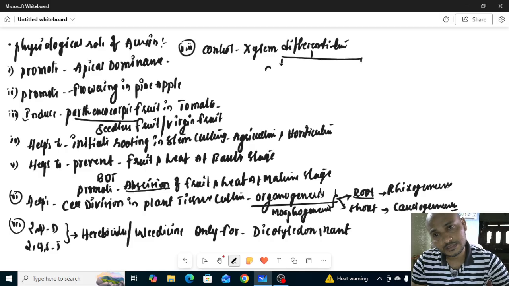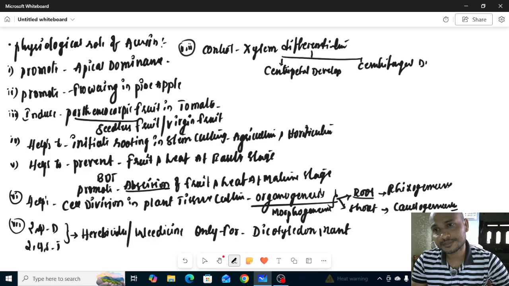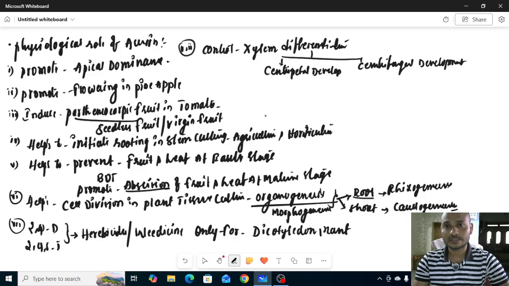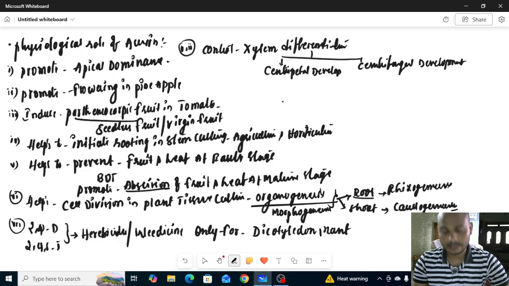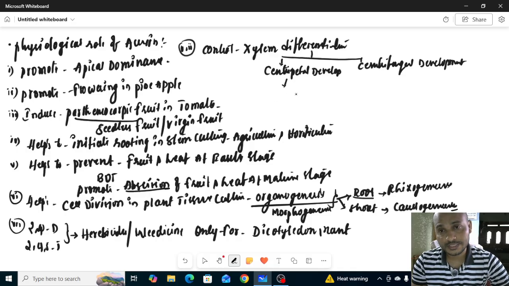One is centripetal development, and the second one is centrifugal development. Centripetal and centrifugal development of xylem differentiation can occur. Here centripetal means xylem maturation progresses from the periphery.